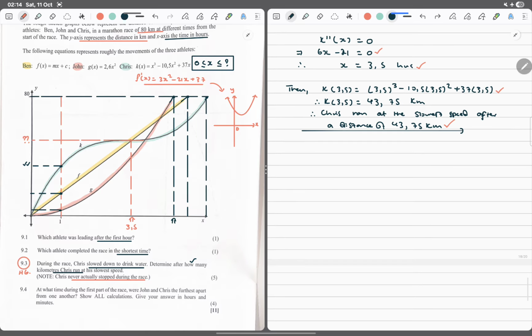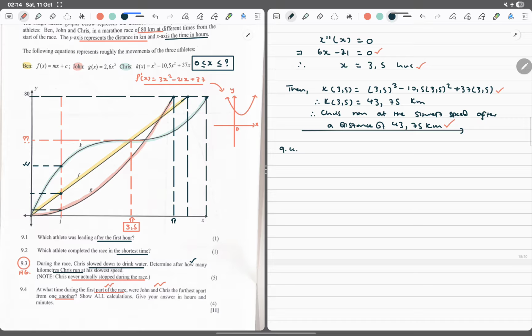Let's go on. So we've got 9.4. It says, at what time during the first part of the race were John and Chris the furthest apart from one another? The first part is before Chris took some drinking, because the first part was explosive. So perhaps the first part is up until the point of inflection for Chris.